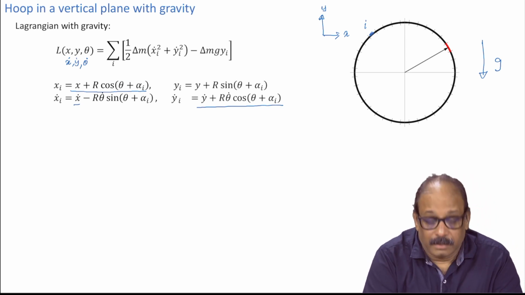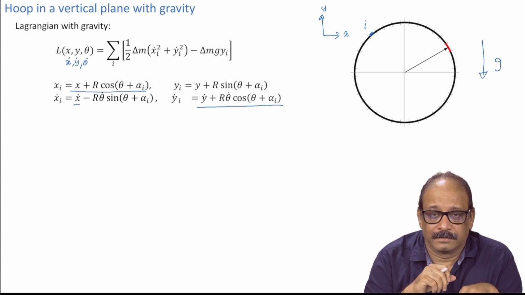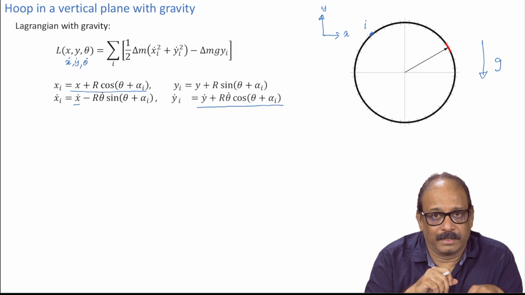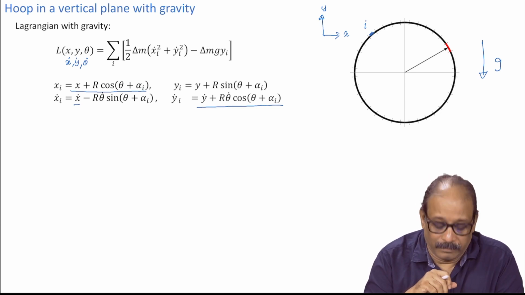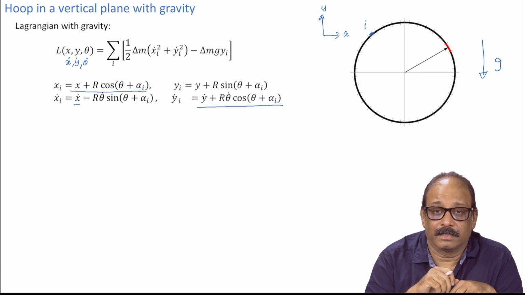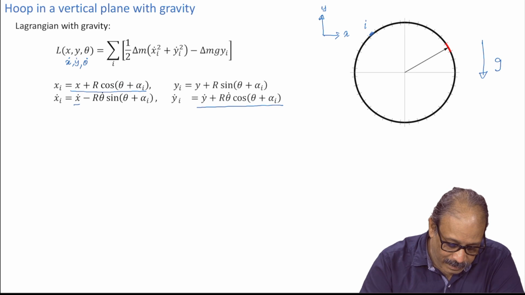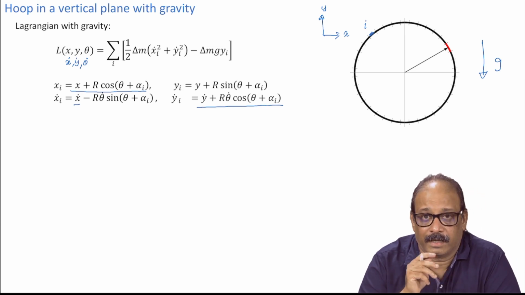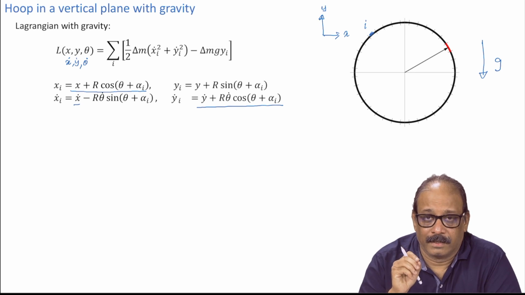Okay. Now, what I am supposed to do is square this and put it back into the Lagrangian. y_i is also known, put it back there. Okay. It is an easy calculation. You can immediately see when I do x_i dot squared, I get x dot squared.